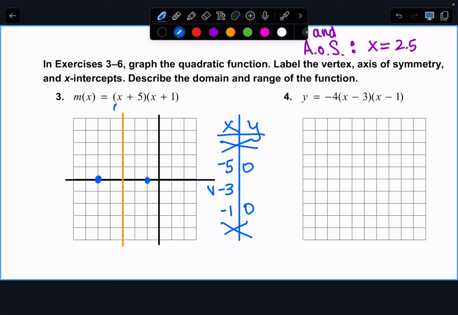We have negative 3 plus 5 and negative 3 plus 1. 2. So 2 times negative 2? Yes. Negative 4? Boom, we have a parabola. Isn't that great?